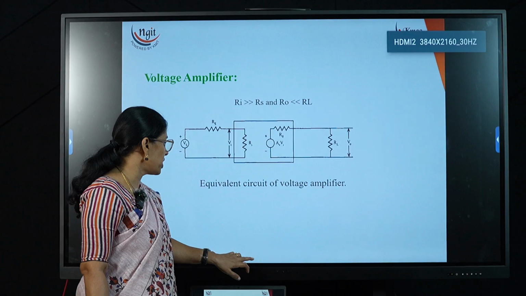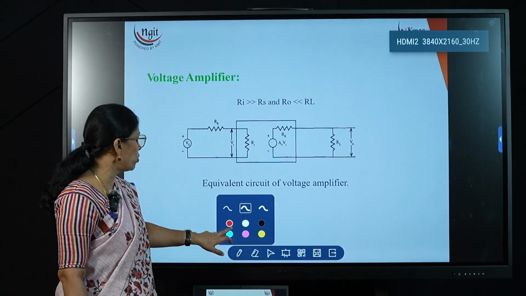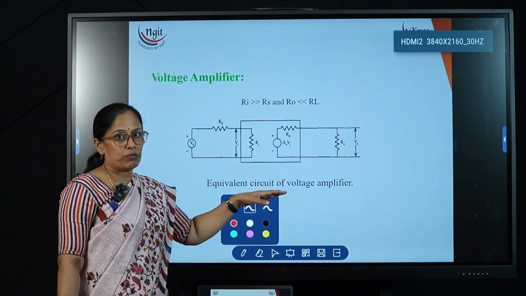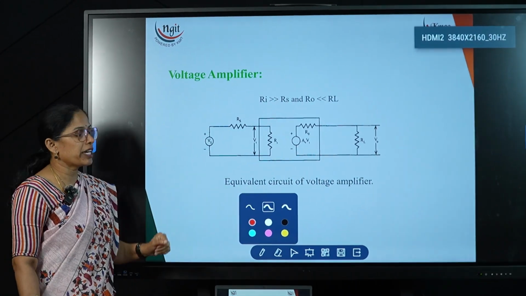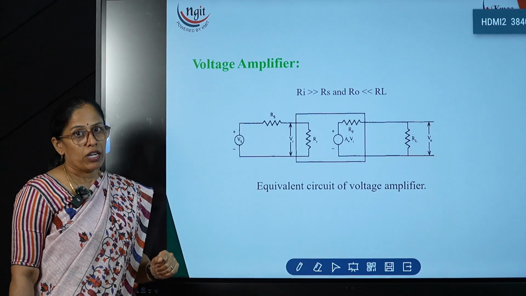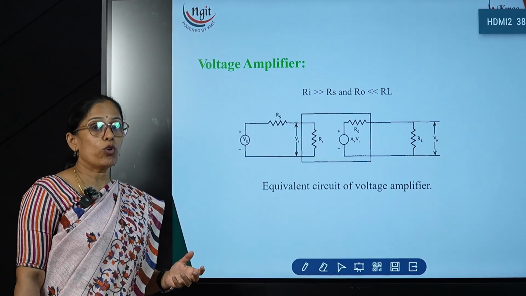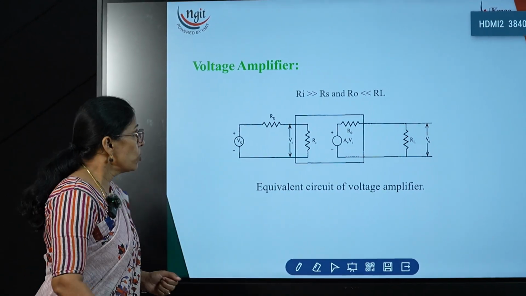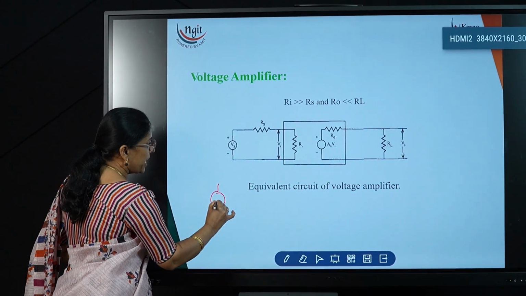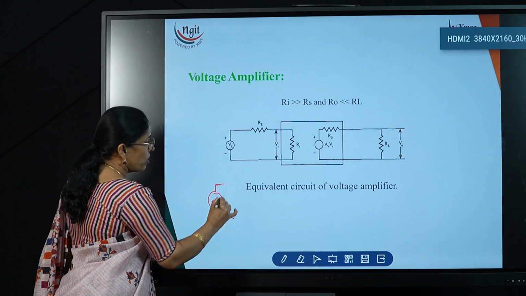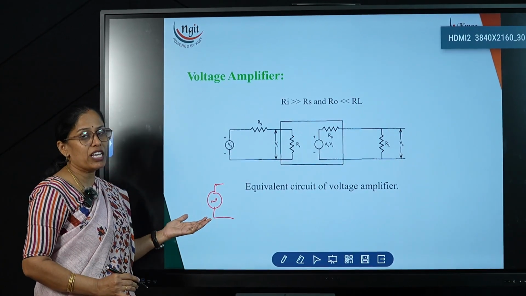Now this is the voltage amplifier, where the input and output both are voltage signals. Before discussing this equivalent diagram, let me explain the diagrams for the voltage source and current source. This is the ideal voltage source, so it does not have any resistance.